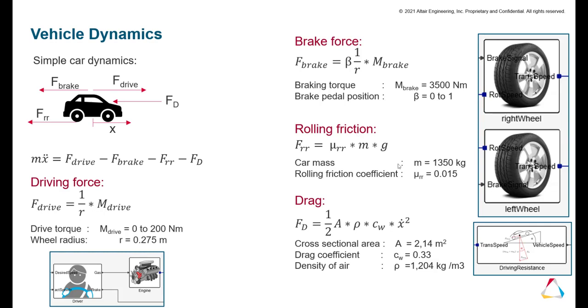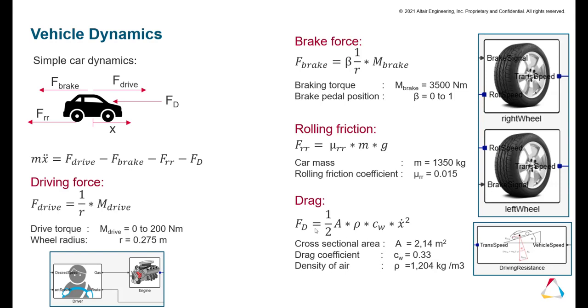And then the rolling friction was also in these right wheel and left wheel blocks, which was a rolling friction Modelica block, provided the mass of the car and the friction coefficient. And in essence, it applies an opposite force, again, in the opposite direction of the driving force.